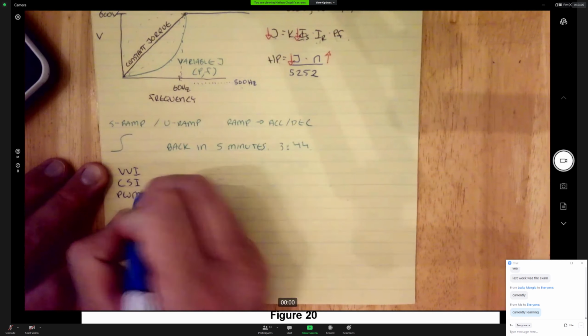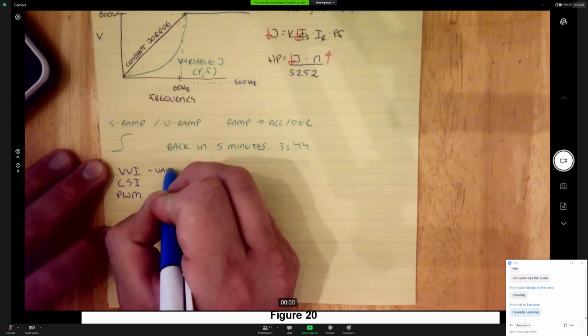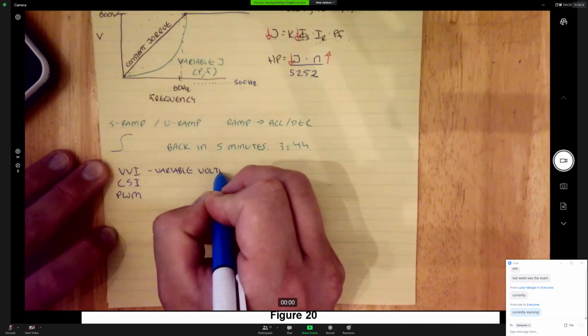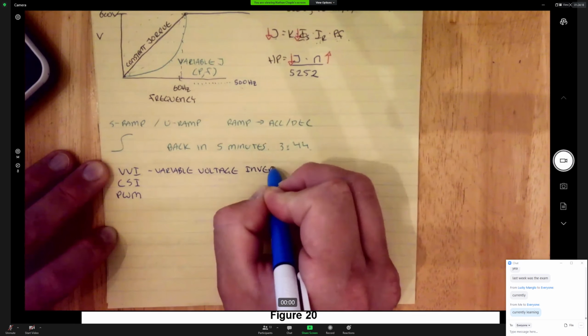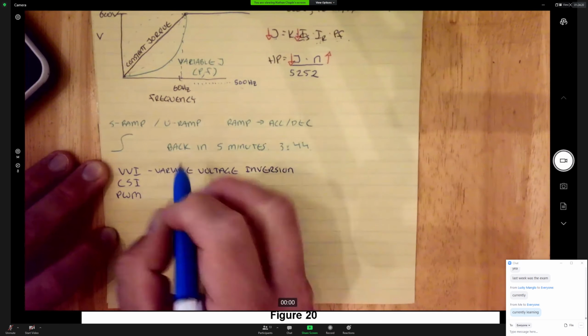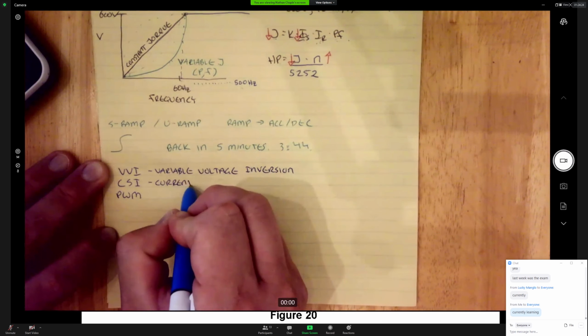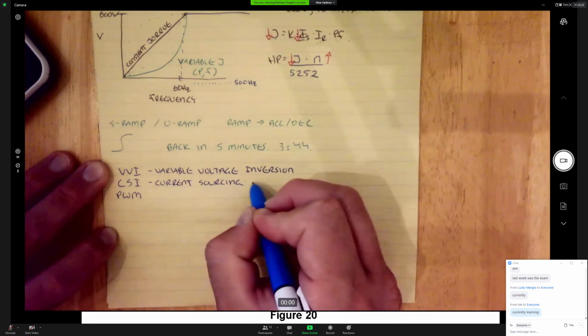So we'll be looking at all three. VVI stands for variable voltage inversion. CSI stands for current sourcing inversion.